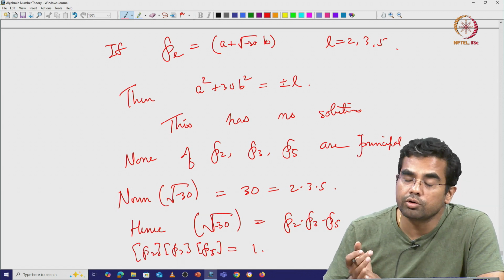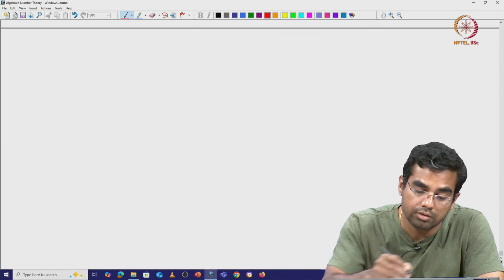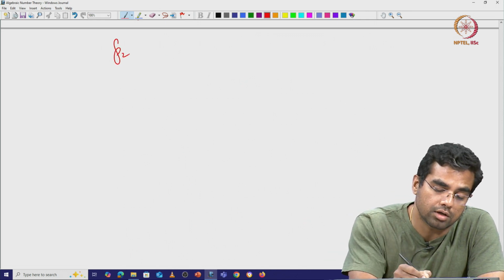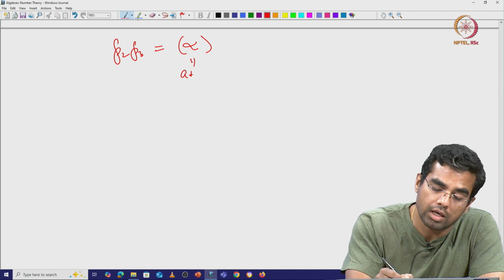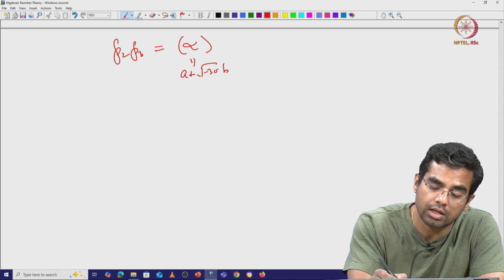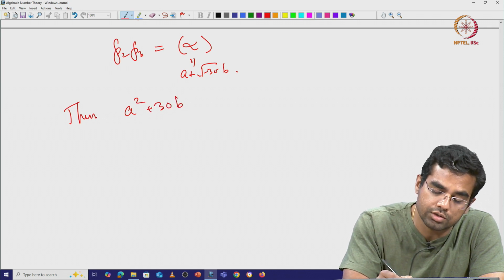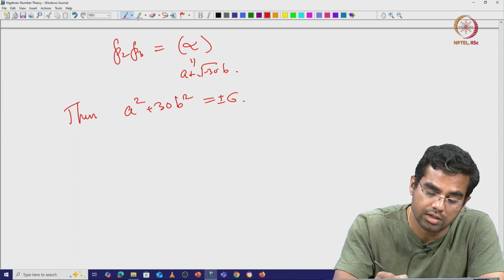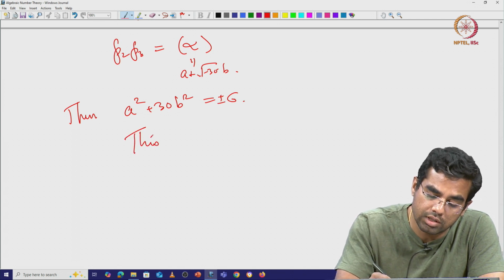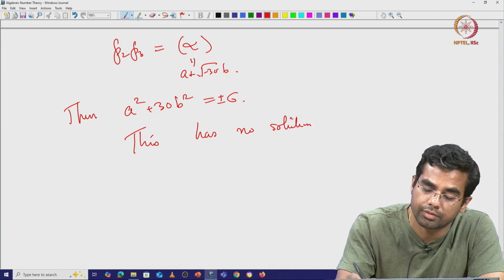So, now we want to find out whether there is a relation between P2 and P3, for example. So, we consider P2 times P3. If this were generated by alpha equal to A plus square root of minus 30 times B, then we would get that A square plus 30 B square is equal to plus or minus 6, and this has no solution either. Okay.